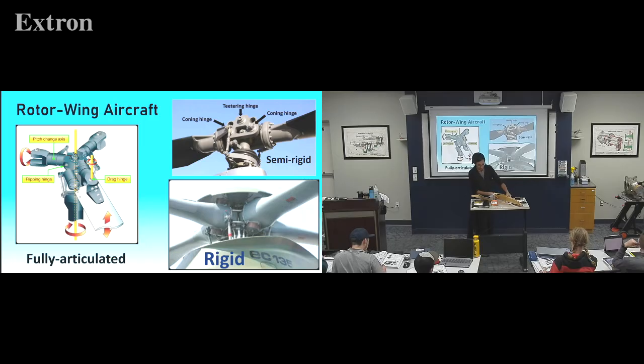So one blade goes down, other blade rises, so flapping. And the last one, fully articulated, means it can do all the things. So it can change blade angle. It can flap. And it can move fore and aft. So fore and aft, flap, blade angle. Why is it flapping again?